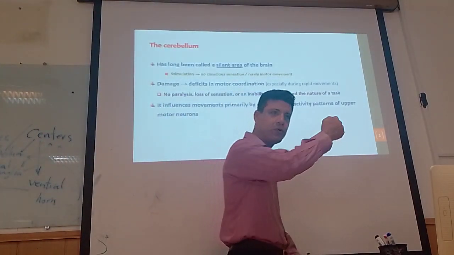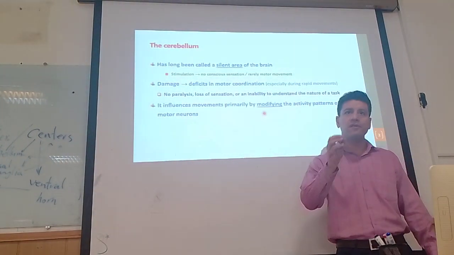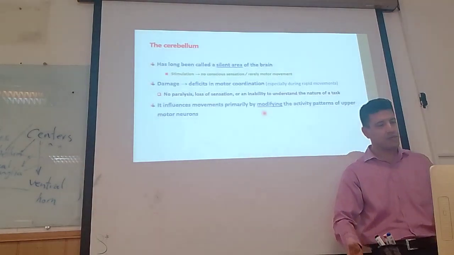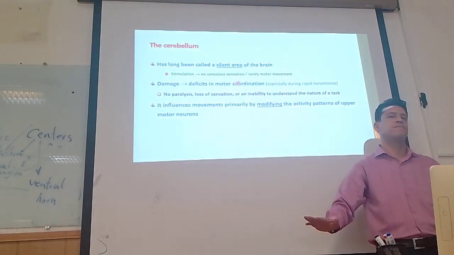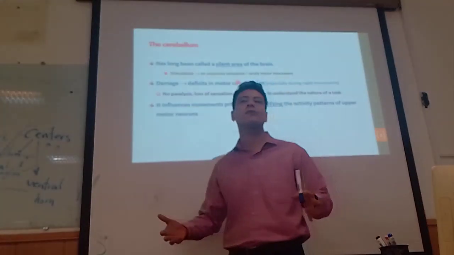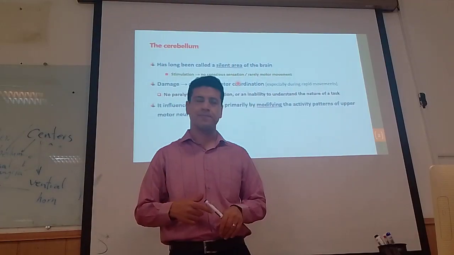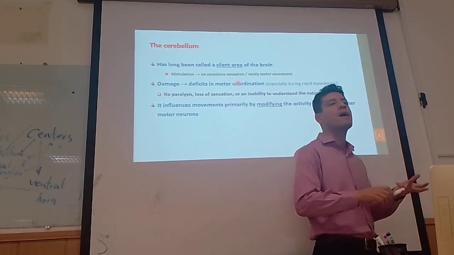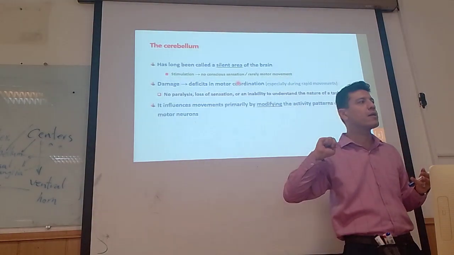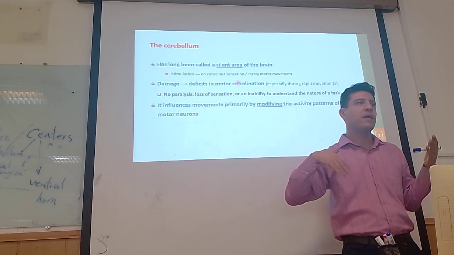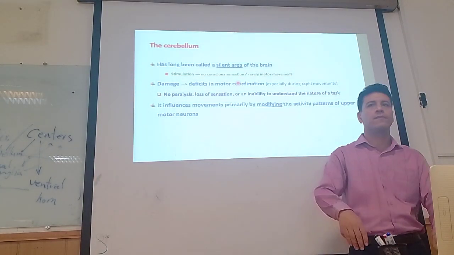But if you remove the cerebellum, if there is any damage in the cerebellum, what happens? Coordination of motor movements is lost. Movements are not coordinated. Okay? But there is no paralysis. If you remove the primary motor cortex, then the patient will have paralysis.